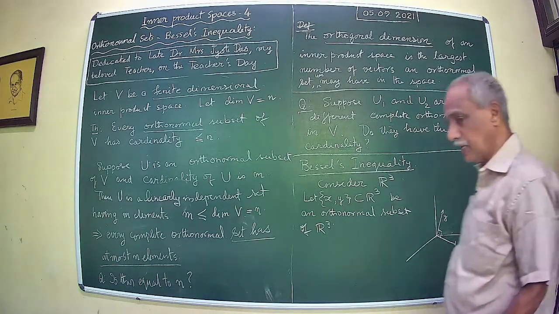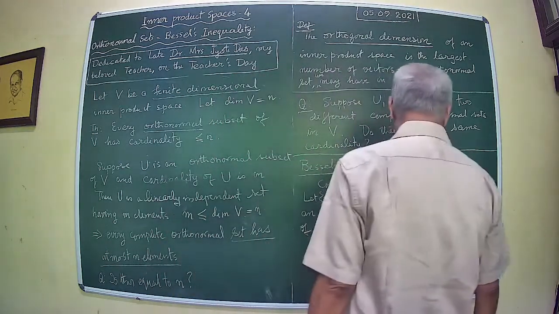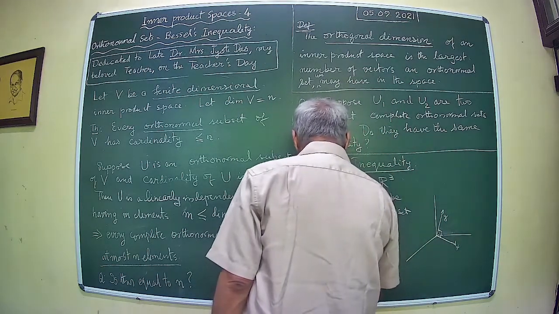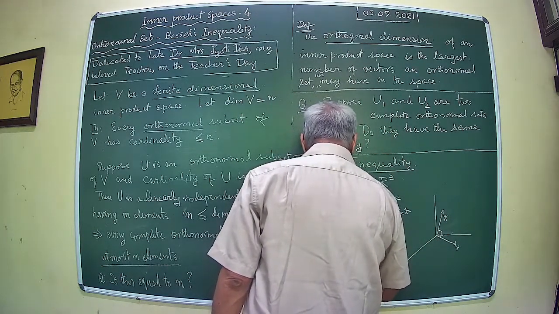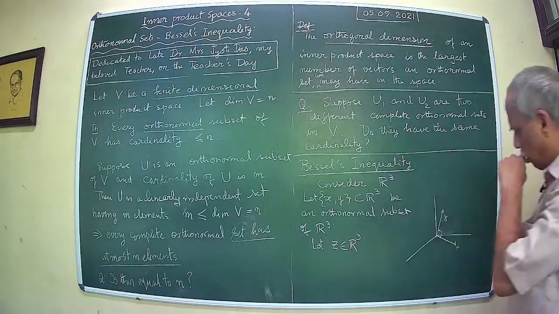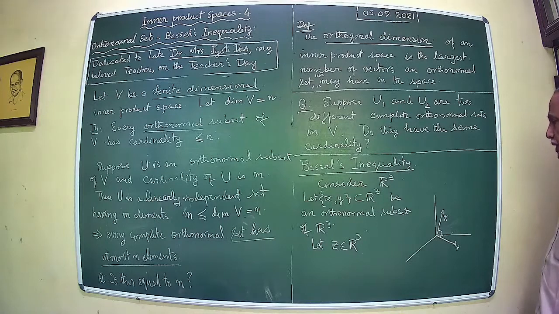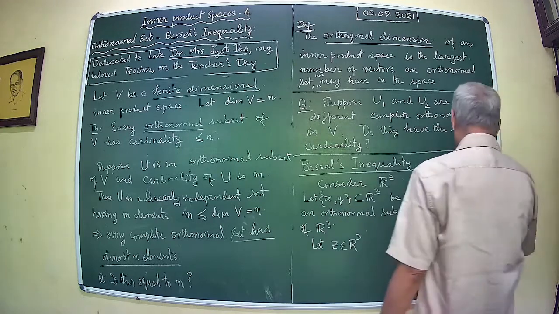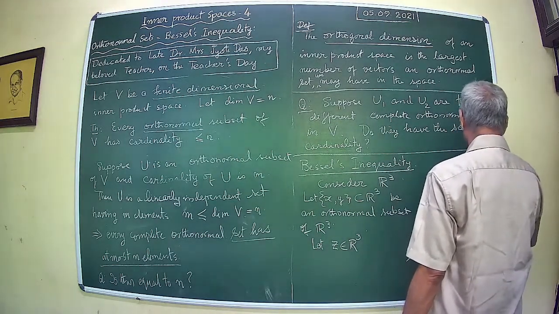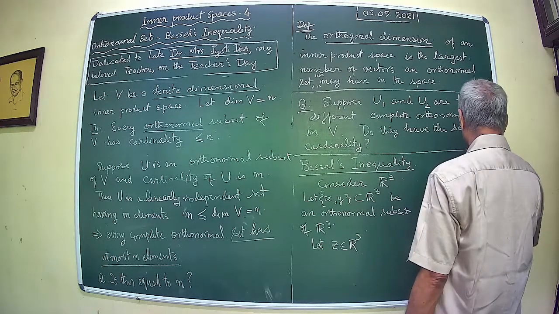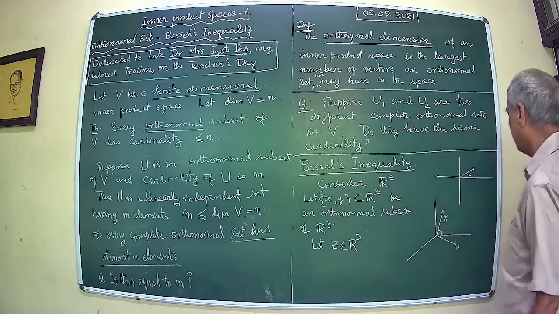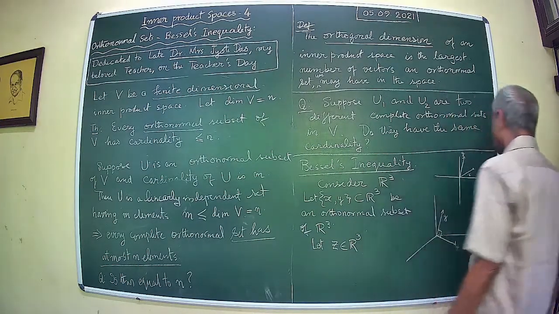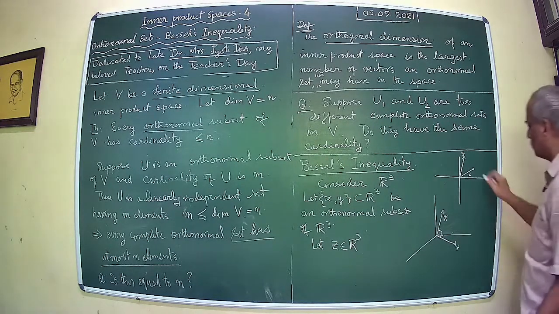Now you choose any vector z. Now you take the projection of z in R2. What will happen? You are taking a vector whose length is equal to 1, and now you take a vector y and project it onto this. What will happen?